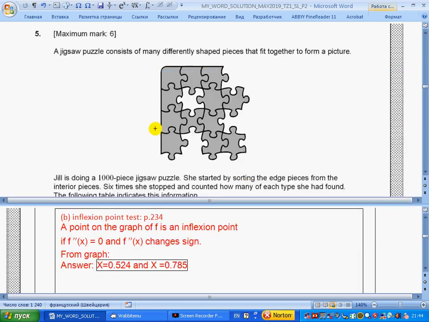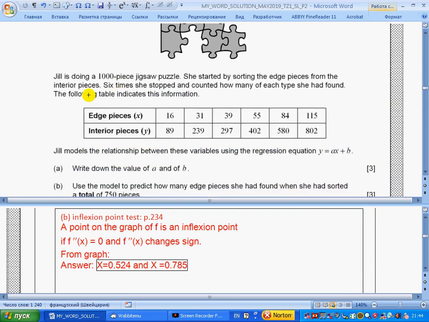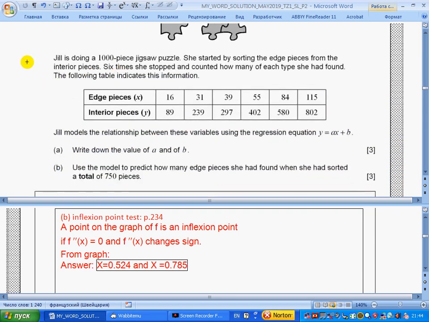Next question. A jigsaw puzzle consists of many differently shaped pieces that fit together to form a picture. Jill is doing a 1000-piece jigsaw puzzle. She started by sorting the edge pieces from the interior pieces. 6 times she stopped and counted how many of each type she had found.